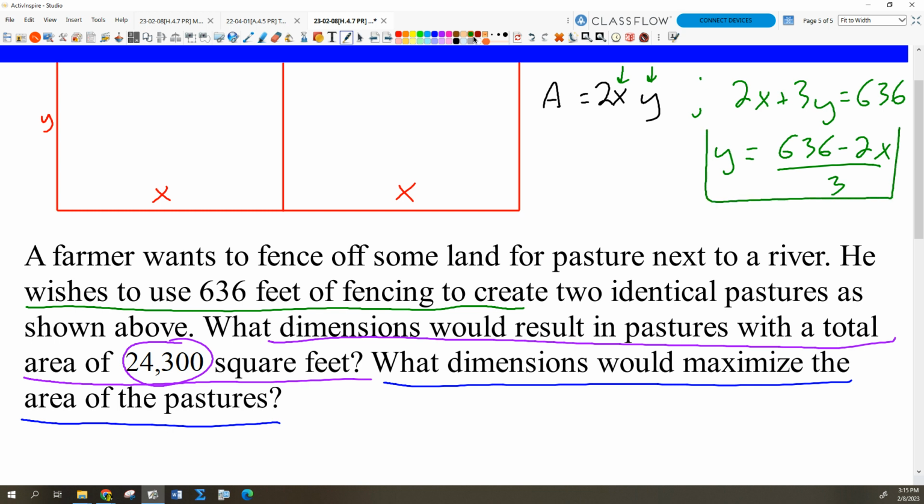I'm going to put a box around it because that's my substitution equation. That's what's going to go in there for y. And then what happens? Well, then I'm going to end up getting the area equation. It's going to be a little bit different now. The area equation, A is equal to 2x times whatever y is in terms of x.